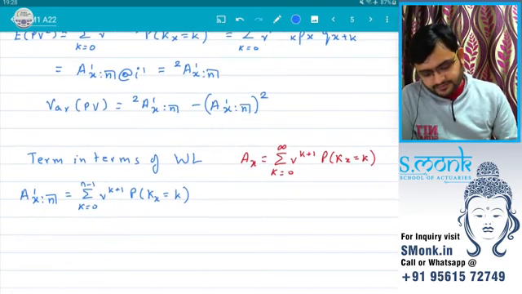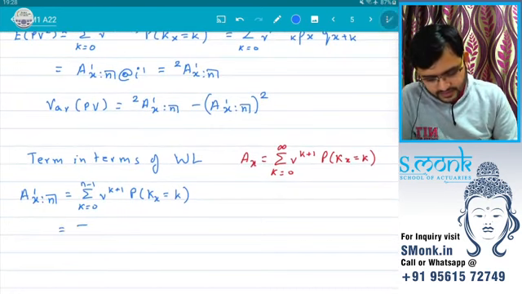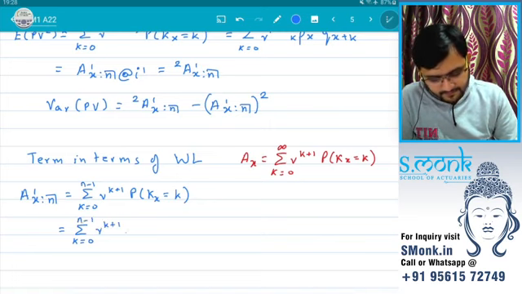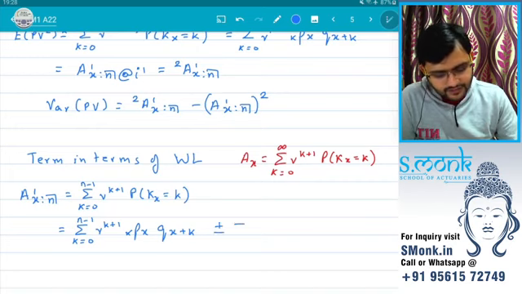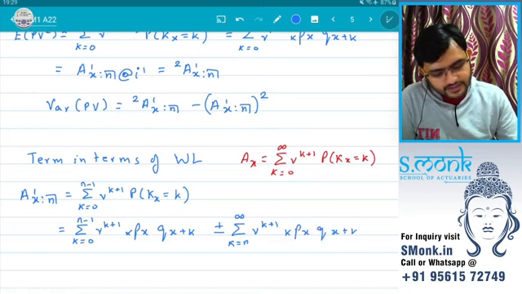So now I can say this is nothing but summation k going from 0 to n minus 1, v raised to k plus 1, kpx qx plus k, and now I will add and subtract the rest of the values to make it go to infinity. So I'll add k going from n to infinity, v raised to k plus 1, kpx qx plus k.